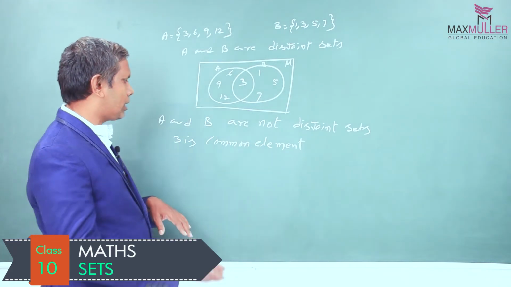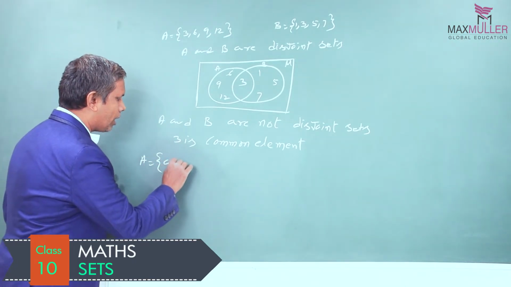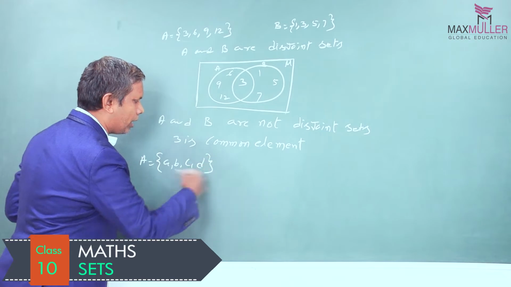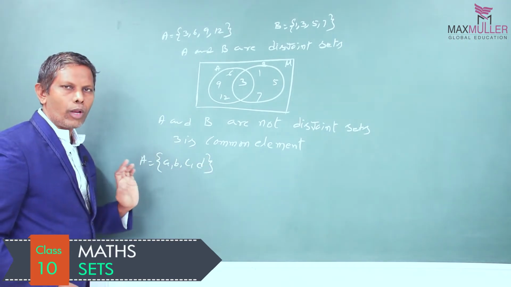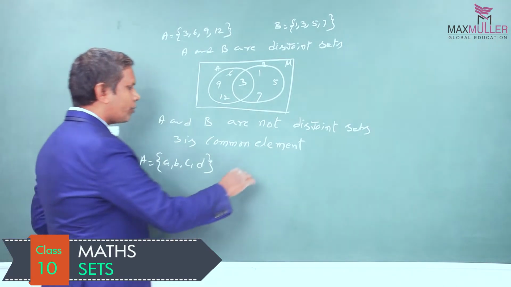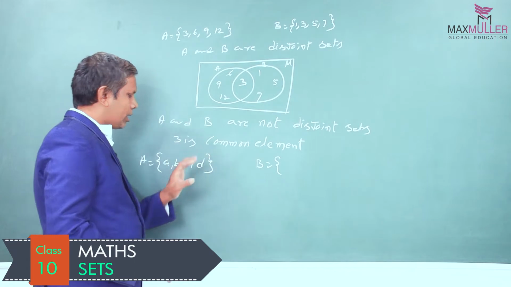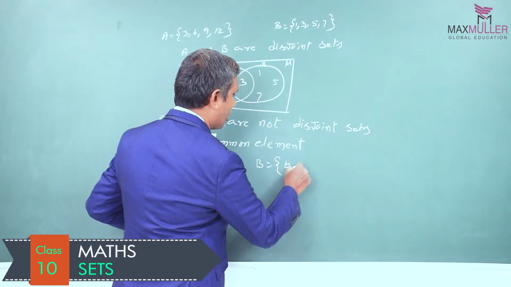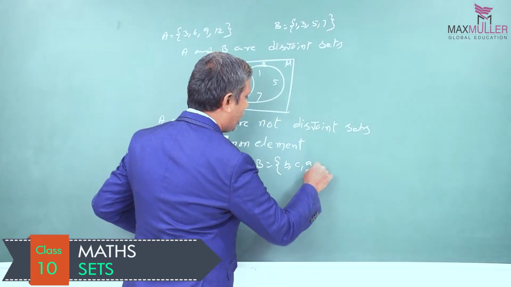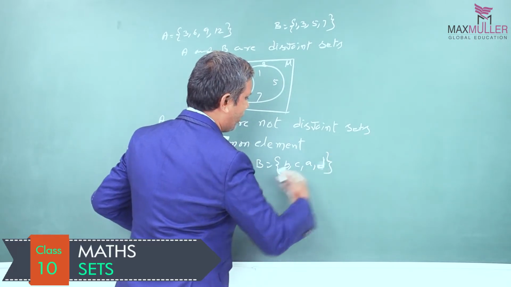After that we will discuss one question. A is equal to {A, B, C, D}, four elements. Now you can write that B is equal to {B, C, A, D}.